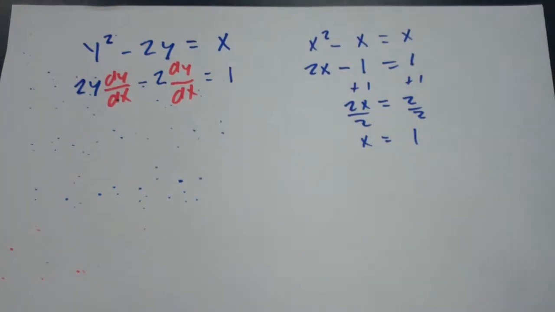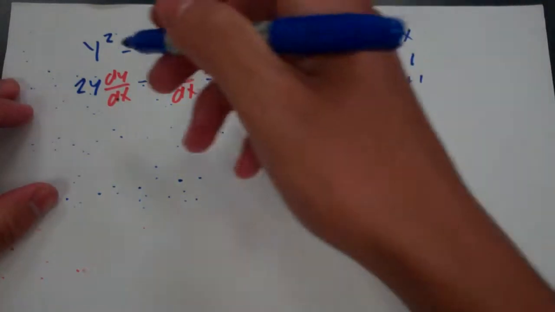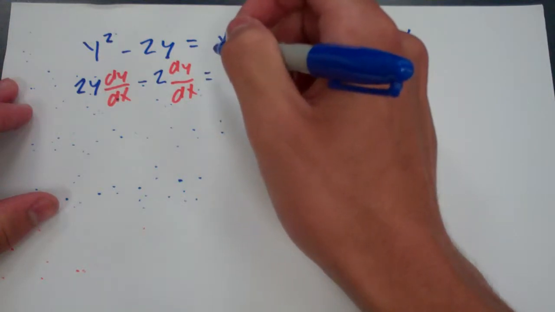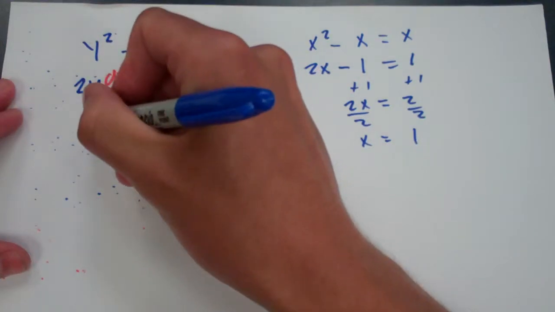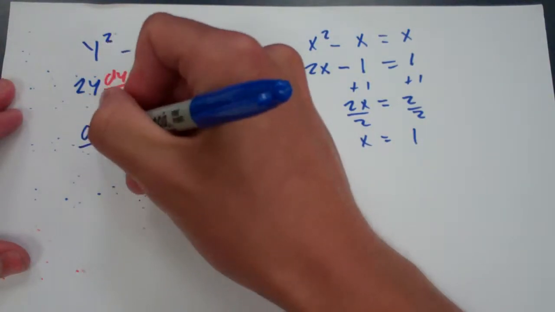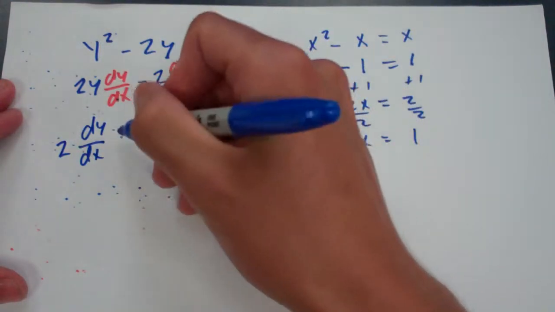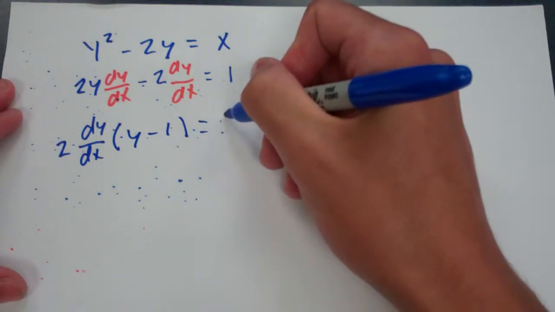Okay? So if I want to keep on going, if I want to figure out what the derivative of this function with respect to x is, well then now I have to factor out this dy dx. And really I can factor out a 2 as well, can't I? If I do that, then I'm just left with y minus 1 is equal to 1.